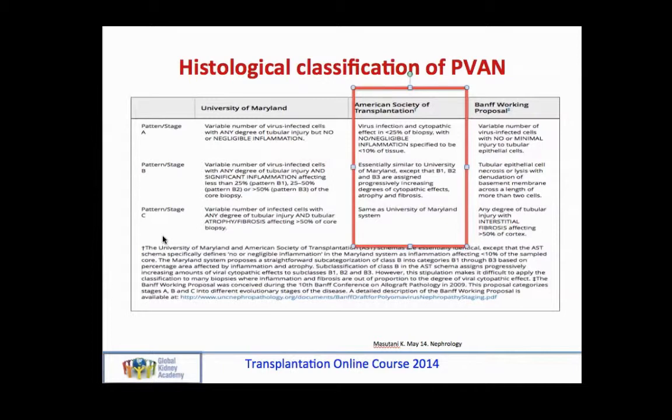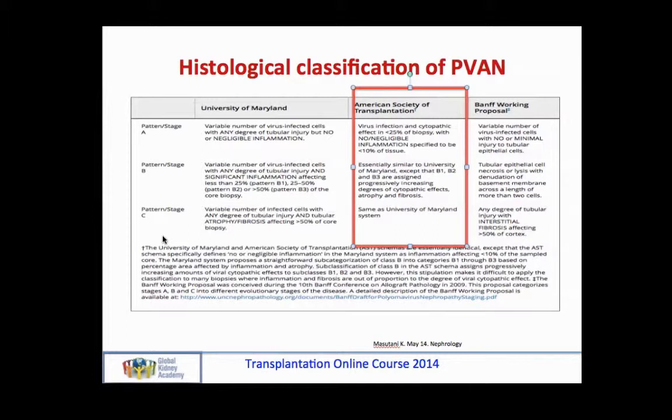In stage 2, you'll have much more significant inflammation, and evidence of cytopathic change with inclusion bodies, and that will affect much more than 10% of the kidney biopsy, and may affect up to 50% of the kidney biopsy.